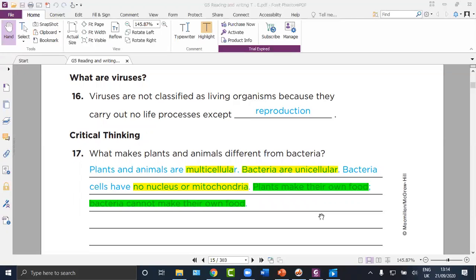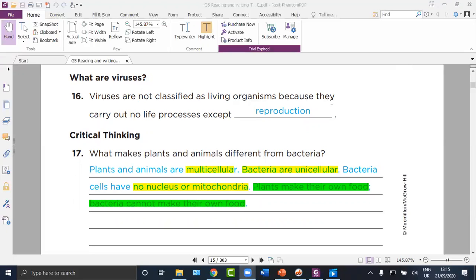Number 17. Omar. Read number 17. What makes plants and animals different from bacteria? Plants and animals are multicellular.